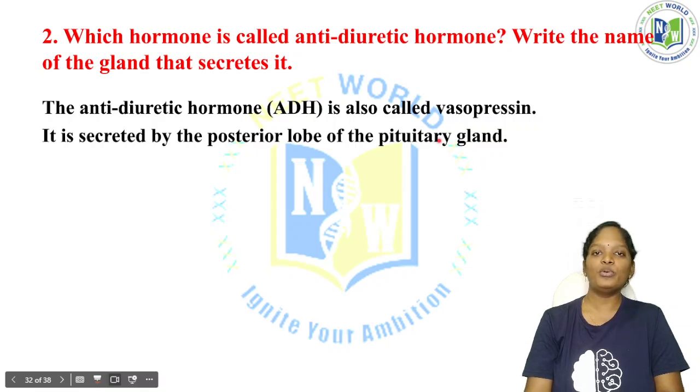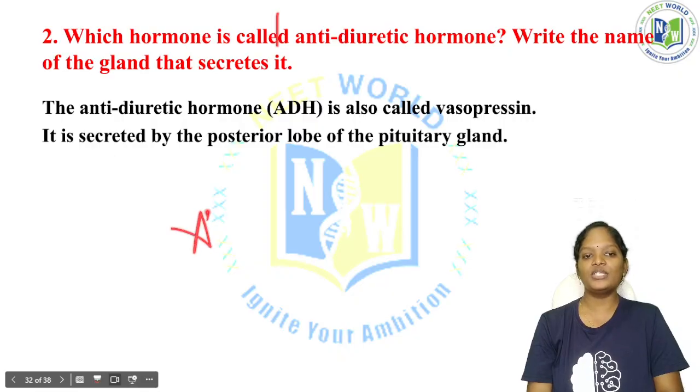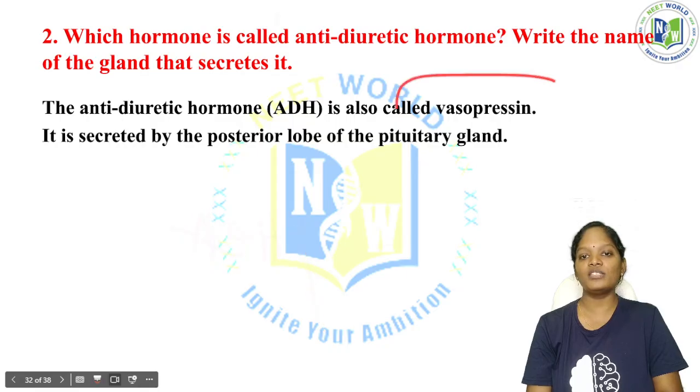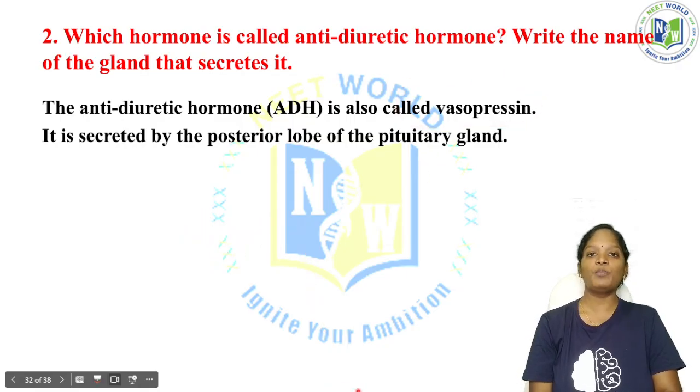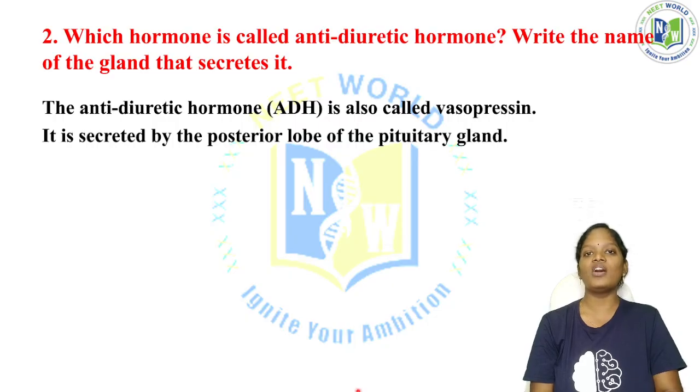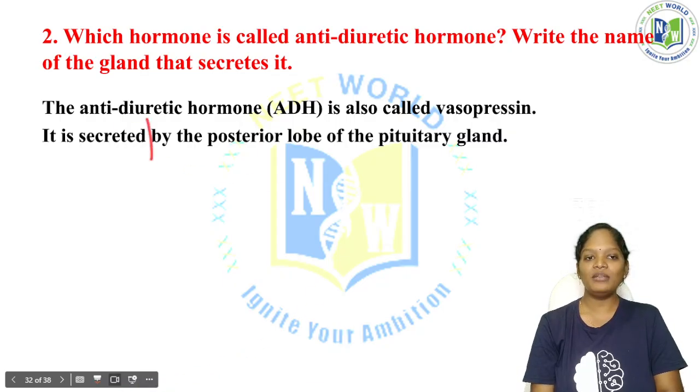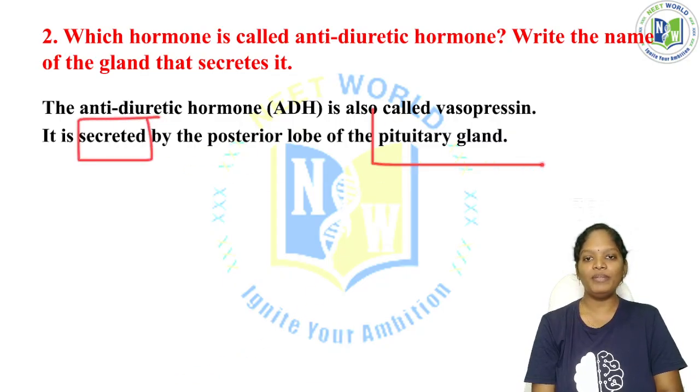And in the posterior pituitary, we have ADH, the antidiuretic hormone, and this antidiuretic hormone is also called vasopressin. Okay, and this posterior pituitary also has another hormone called oxytocin, and you should know it is not secreted by the posterior lobe of the pituitary gland.